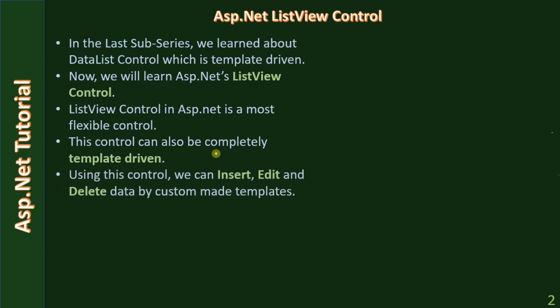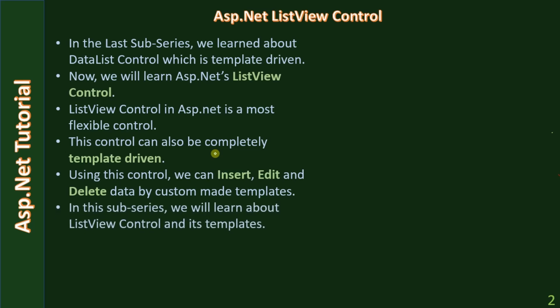Using this control, we can insert, delete, and edit data by custom-made templates. In this sub-series, we will learn about the ListView control and its templates. We will start with the layout as well as the item template.